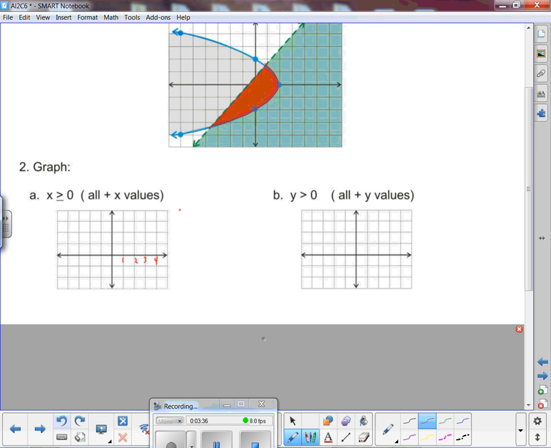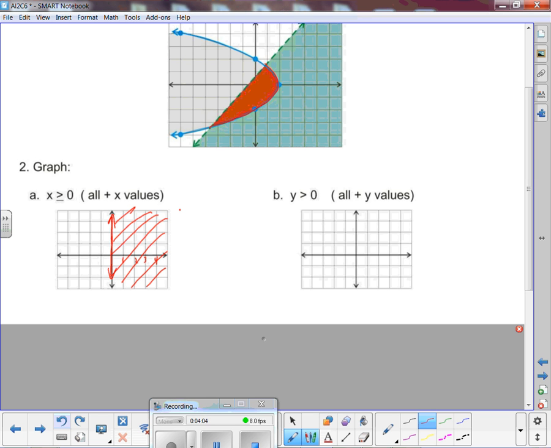And so what we would have is a solid line along the y-axis, and we would be shading this side of the line. That is the graph of x greater than or equal to 0. Okay, that's going to come into play later on when we end up doing systems that involve linear programming.